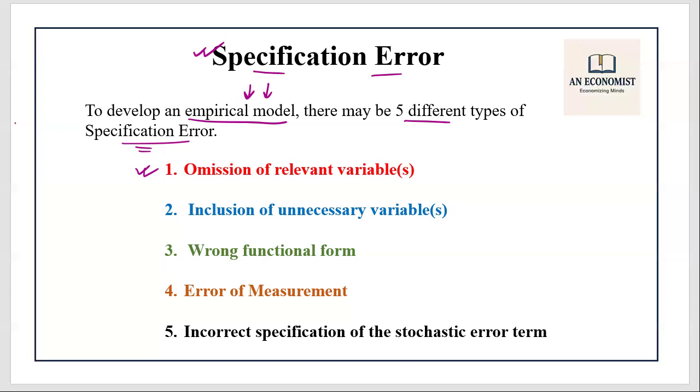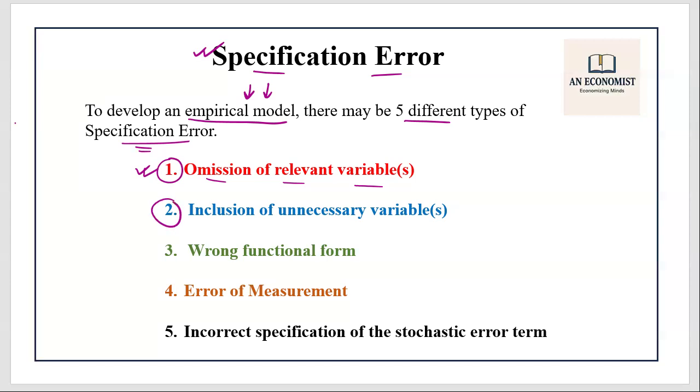It can be due to lack of data, or due to your misjudgment. Due to some reason, you have omitted one relevant variable in your study. In that case, one specification error will arise, known as the omission of relevant variable. This is the first type of mistake that you can commit.